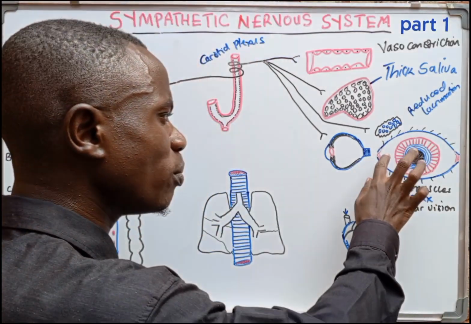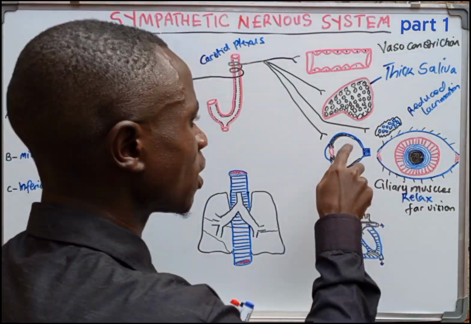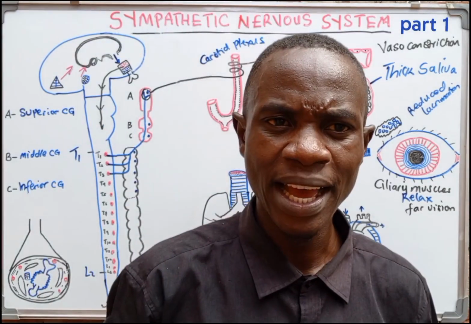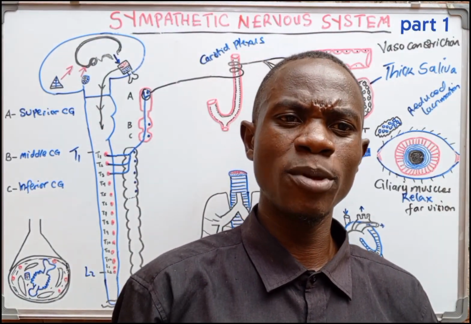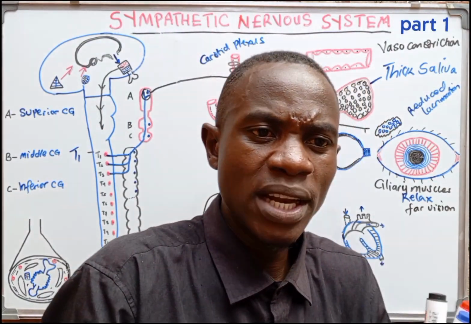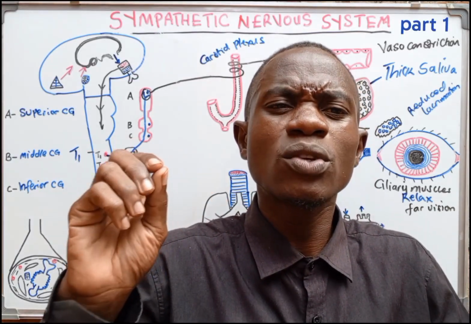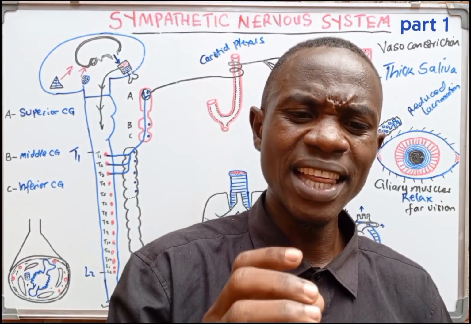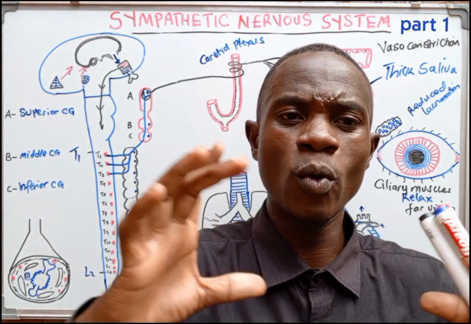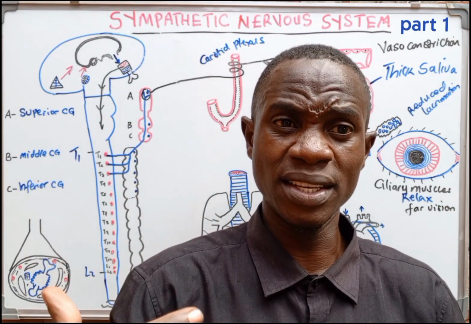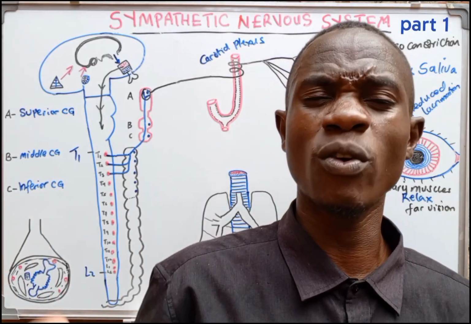So what's going to be happening in this case is that we need stimulation of the dilator pupillae. If we make the dilator pupillae contract, they are going to make the pupil become more wide, because we need to see very far. If we make the pupil very wide, we are increasing the amount of light coming inside, such that you can see a variety of options.